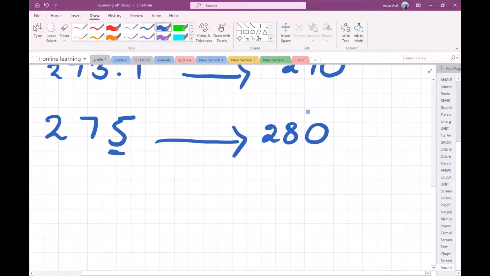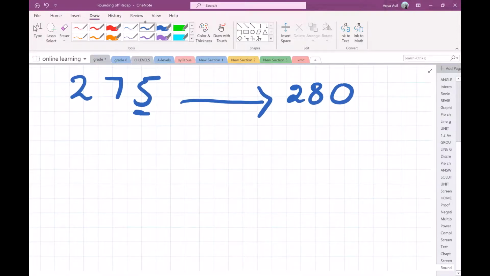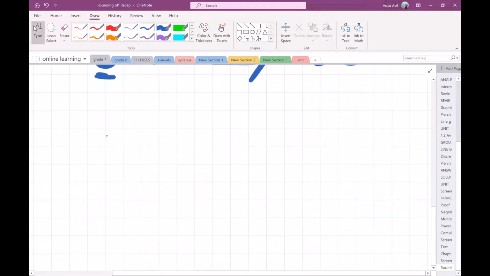Now, one more important thing to note here is that if you've been asked to round a number off to the 10th or 100th position, then it might vary. Let's suppose you've been asked to round off the number 370.569 to the nearest 10th position.